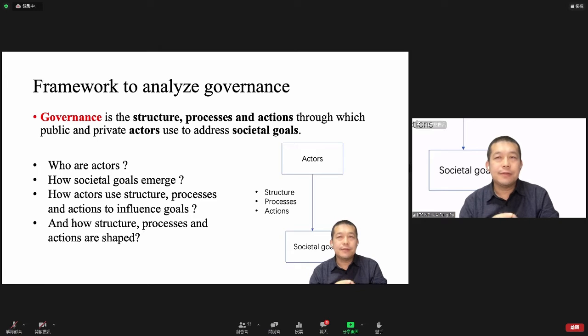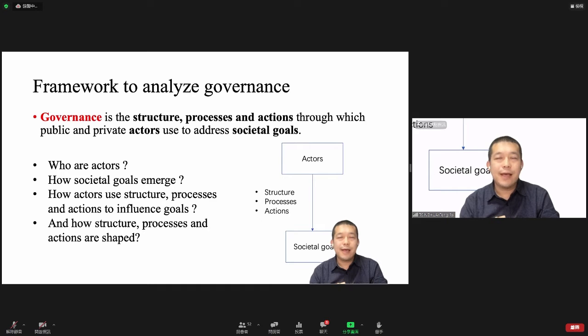And to apply this analytical structure to our story on coal and China and India, we can see that the actors include China, India, and other parties in the negotiations. The goal is to negotiate a target on the coal, which could be phased out, which could be phased down.